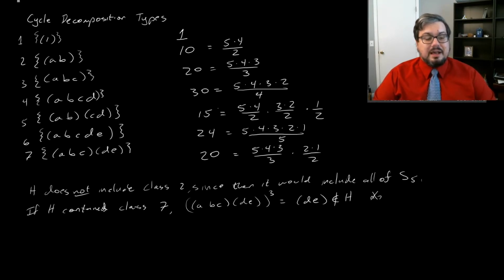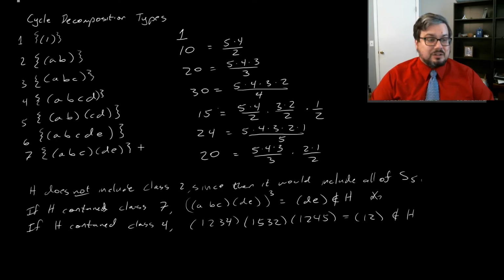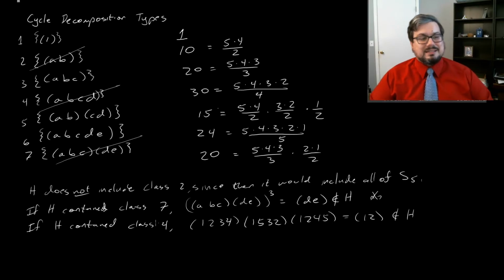That's a contradiction. We can similarly go through and say that it does not contain class 4. This one's a little more complicated, but if H contained class 4, then it would have to contain (1 2 3 4) times (1 5 3 2) times (1 2 4 5), and this turns out to be the transposition (1 2), which does not belong to H. So H does not include class 2, class 4, or class 7.